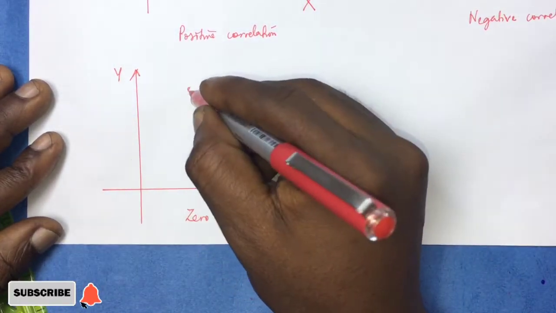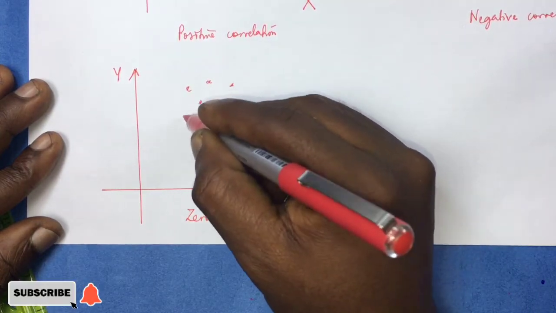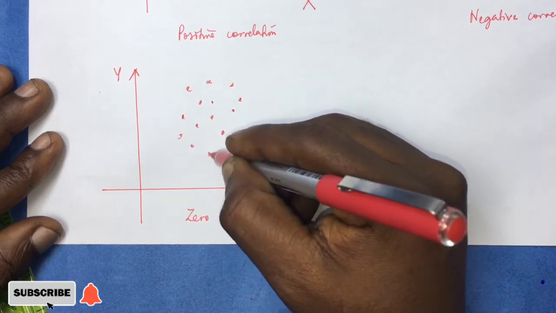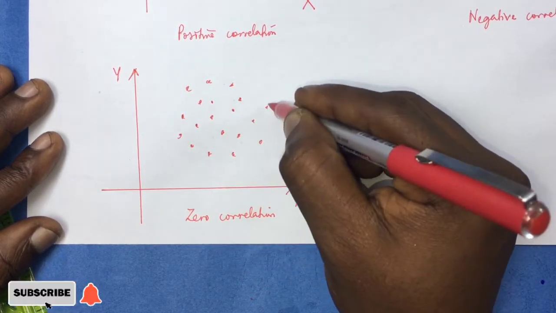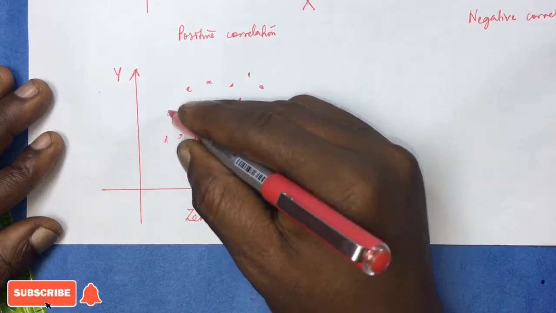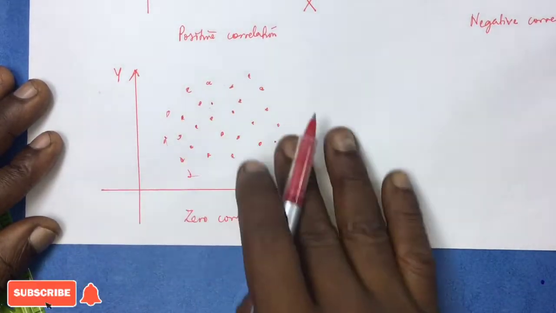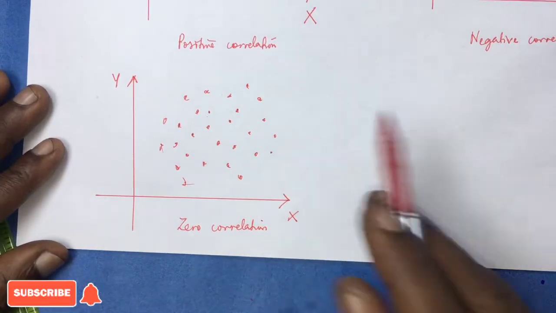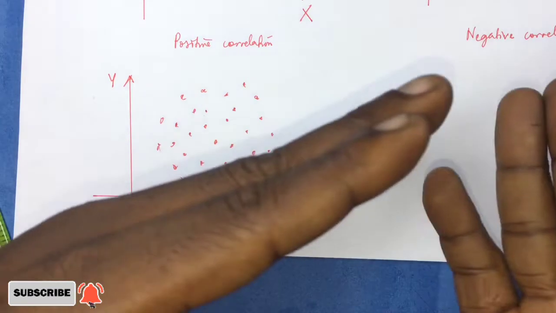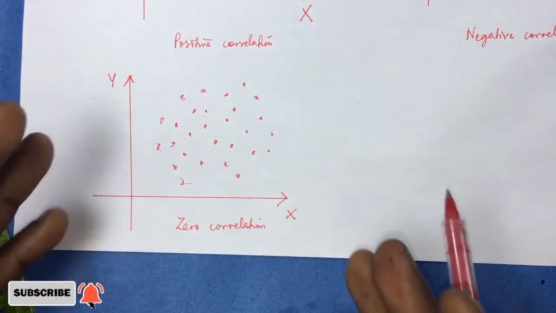And in this case, the plot of the points using the scatter diagram will be something of this nature. You will notice that with these scatter points, there is no clear direction in which the points are going, whether upward or downward. There is no clear direction.